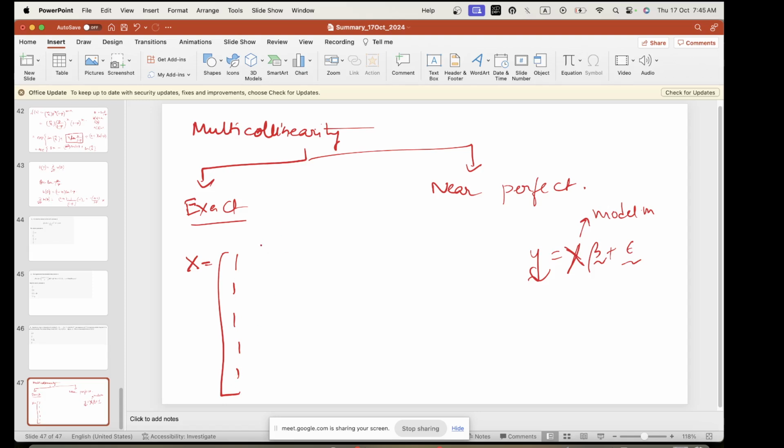This is your x1 variable, this is your x2 variable, with values like 5, 7, 9, 1, 3, and 11, 15, 19, 3 and 7.